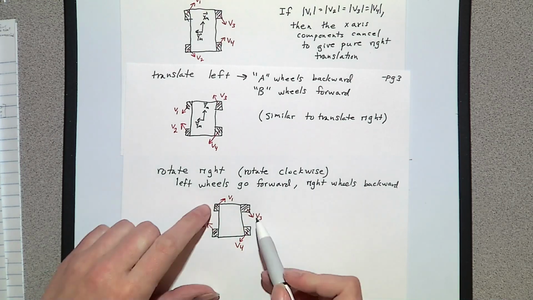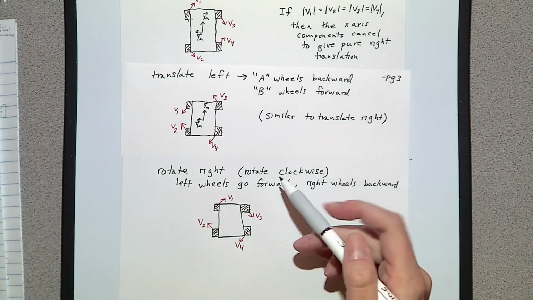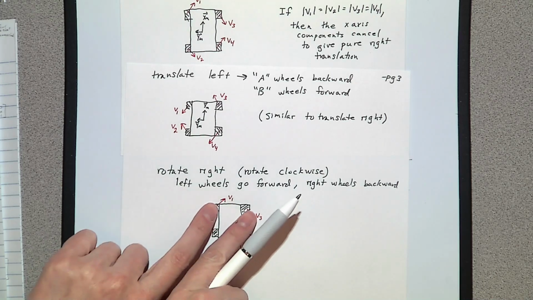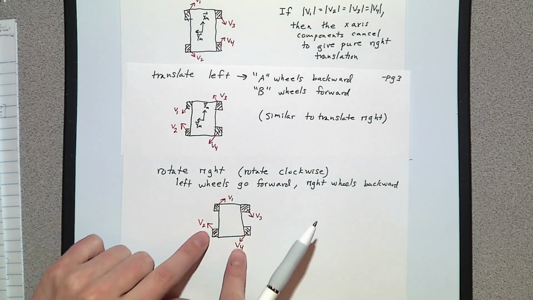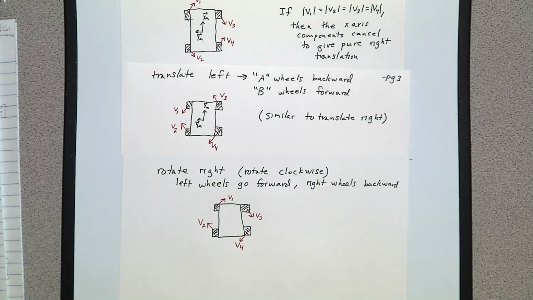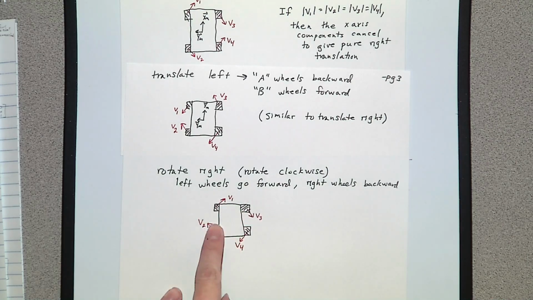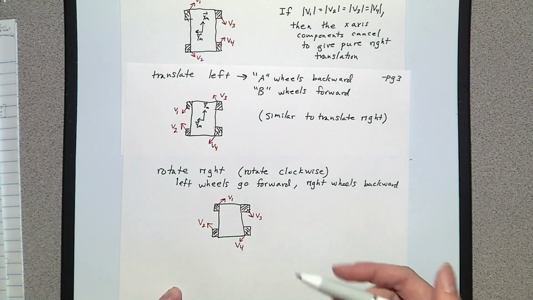And so because we don't have this, like the Ackermann style, we would have two velocities going in this direction, and these two wheels would be kind of dragging along. So we'd have rotation more about a center of rotation. But because of the nature of these wheels, we can actually instantaneously spin about the center of our robot.